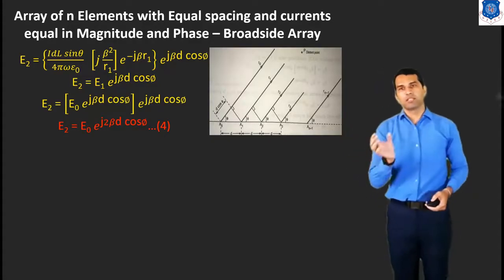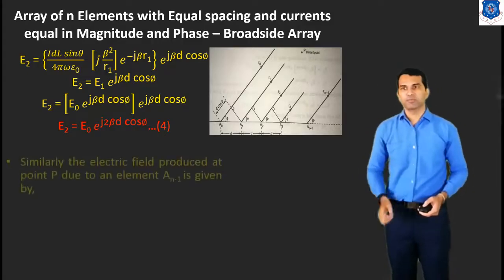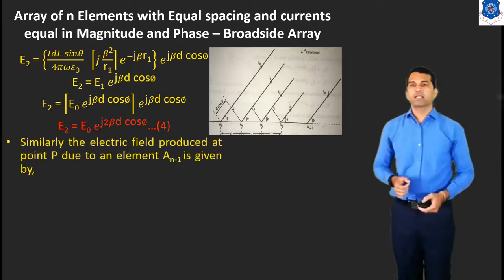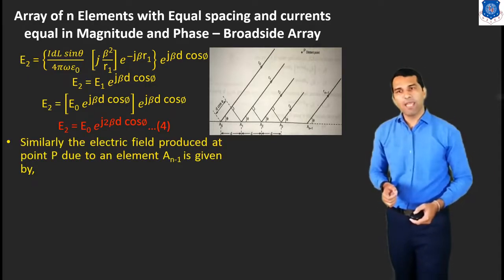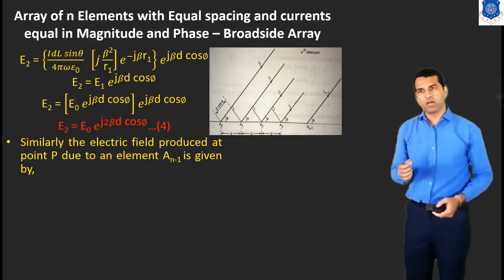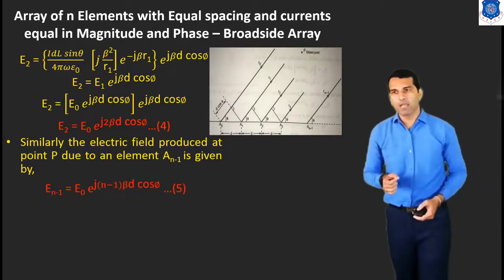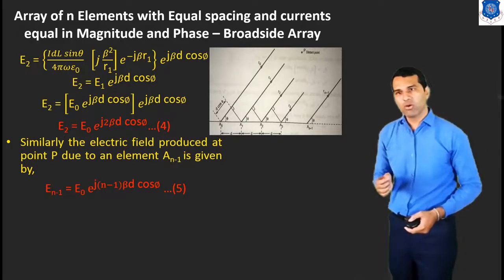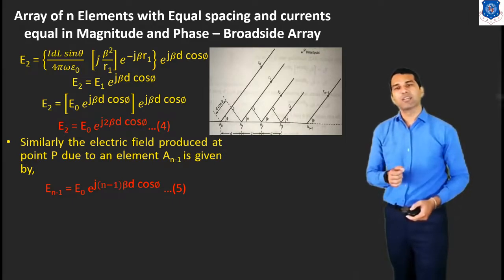So we know this is the summation, e raised to j beta d cos phi. Similarly, the electric field produced at the point P due to the element An-1 is, in generalized form, E(n-1) = E0 e raised to j (n minus 1) beta d cos phi.